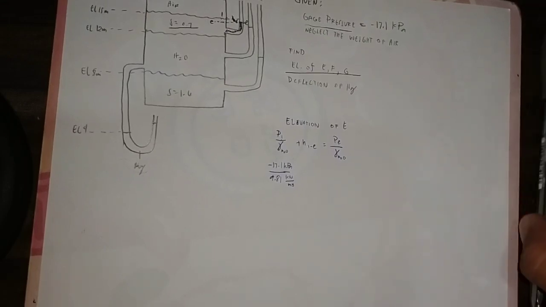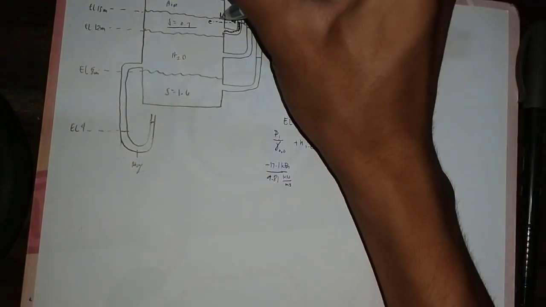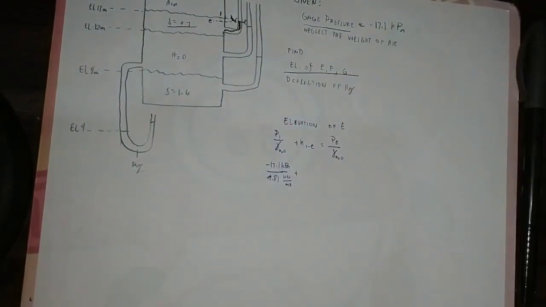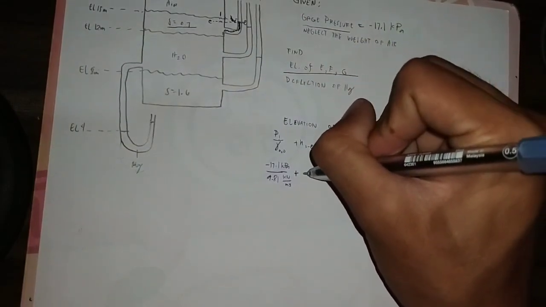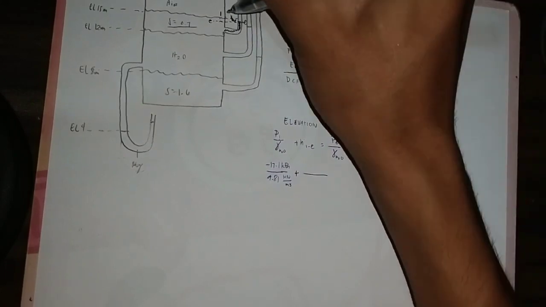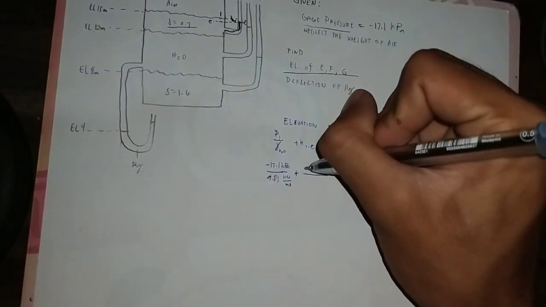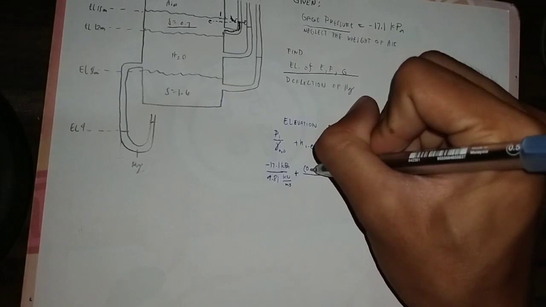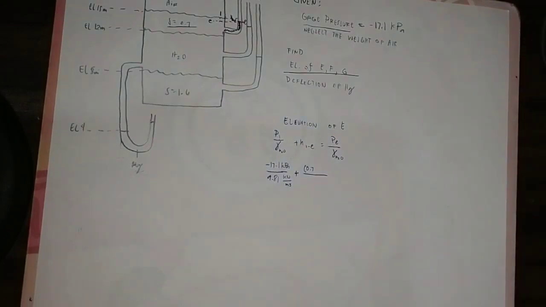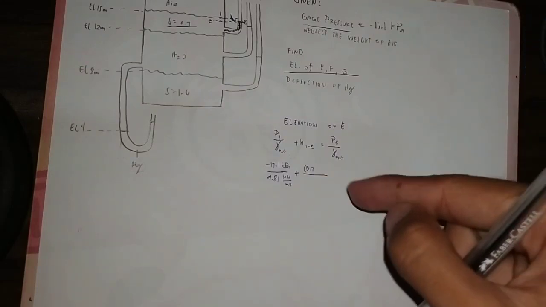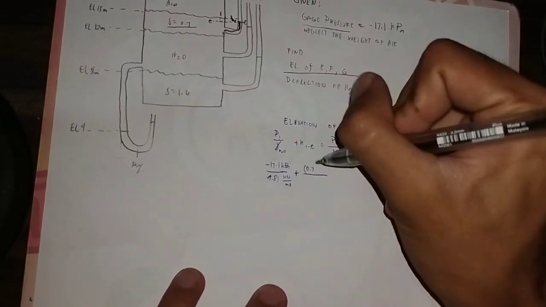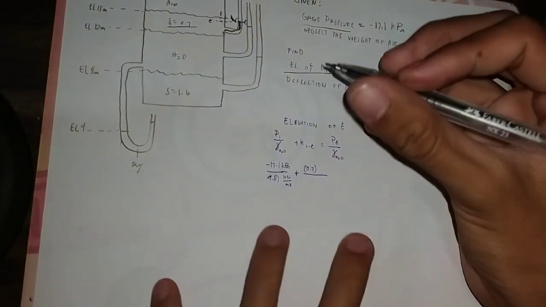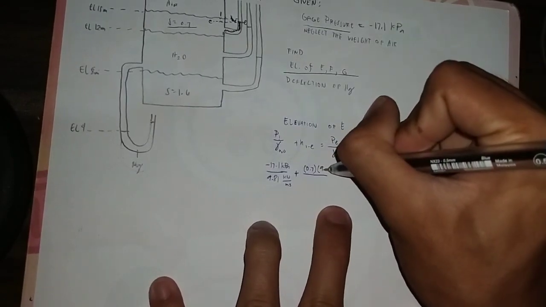And then the pressure head from 1 to E. We have the specific gravity 0.7, or the pressure over the unit weight of water also. However, let me first elaborate the formula. We have here 0.7 times 9.81.